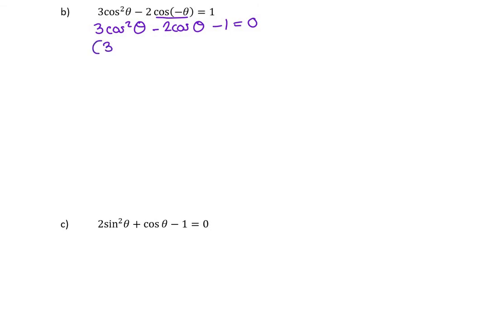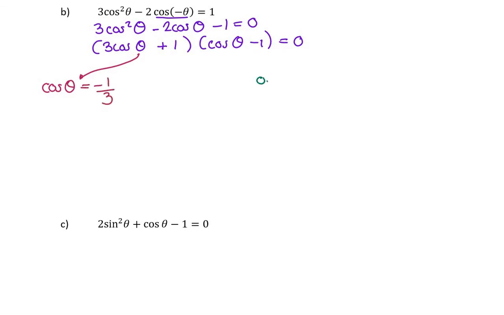I would then factorize, so I get 3 cos theta, and this is going to have to be plus 1, and this is cos theta minus 1. So 2 answers here. So either cos theta is going to have to equal negative 1/3, or cos theta is going to equal 1.